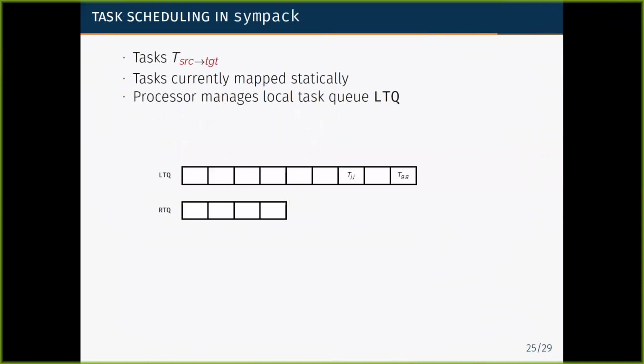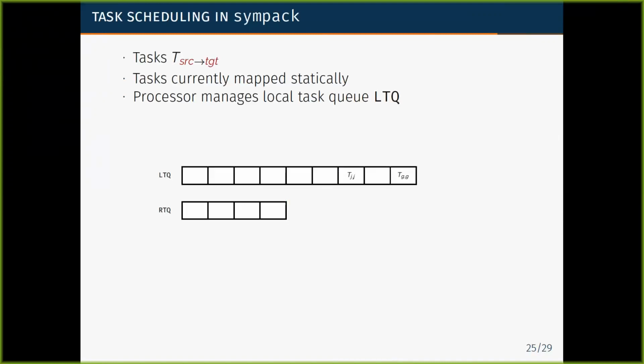symPACK uses a task scheduling mechanism in the sense that the tasks mapped onto each processor are determined statically, but the order in which they will be processed is determined by the order in which you're receiving the data.